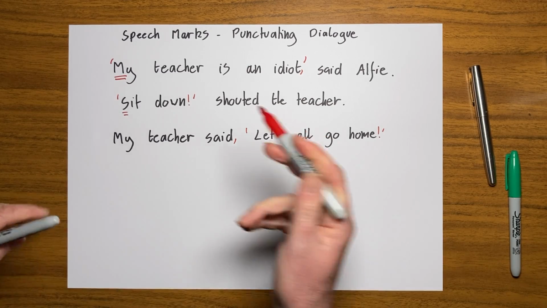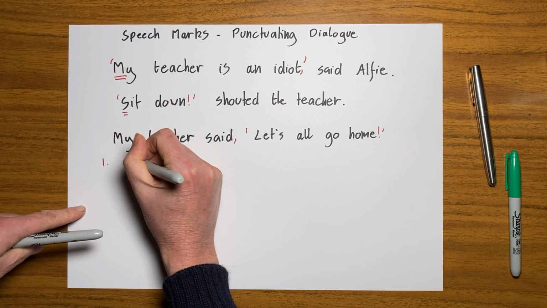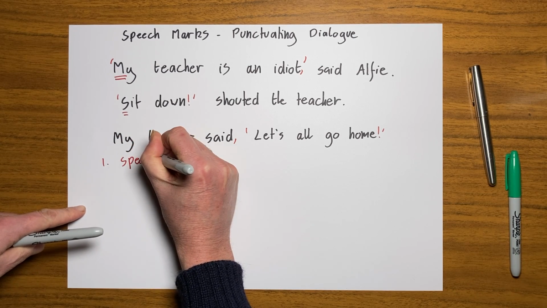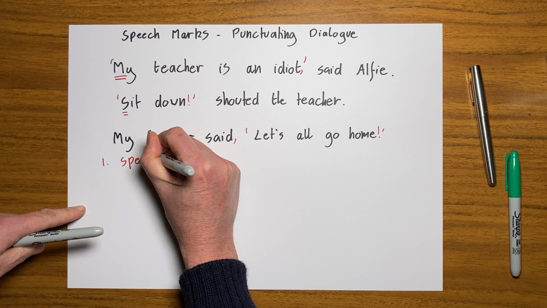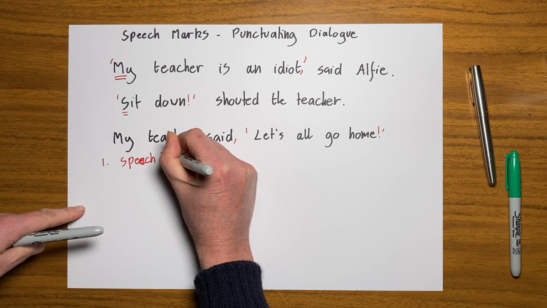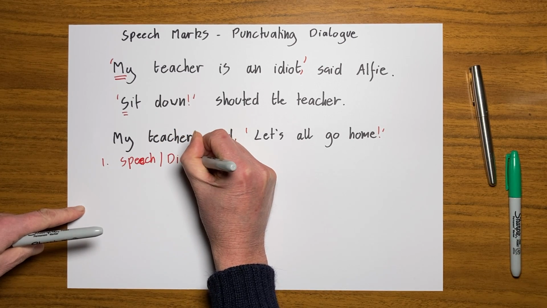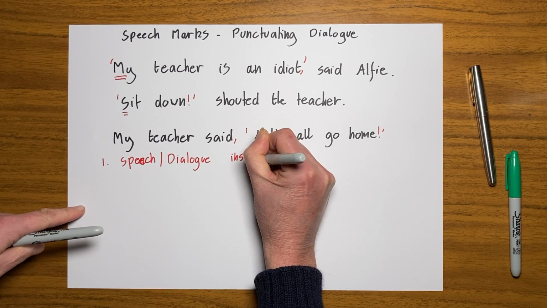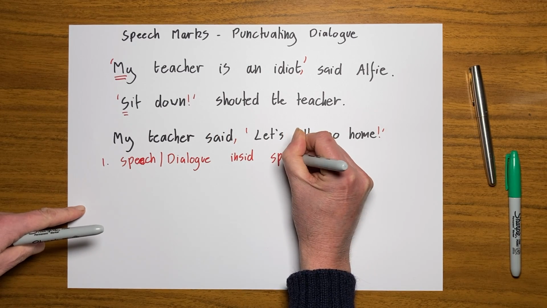So let me just make a note of that. So number one, speech. Oh, am I spelling speech correctly? No, it's double E, isn't it? There we go. Speech, dialogue must be inside speech marks.